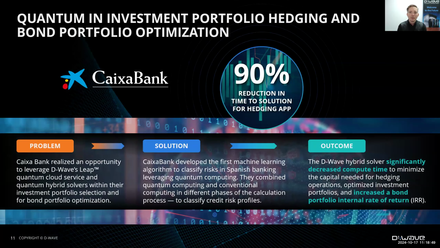Lastly, I'm going to bring up an example in financial optimization. So this is specifically with CaixaBank, where they were looking at portfolio optimization, hedging, and bond portfolio optimization. Now, quantitative finance is an interesting example because it's one where it's very difficult when the organization is facing am I going to build this solution myself, or am I going to buy this solution from somebody else?